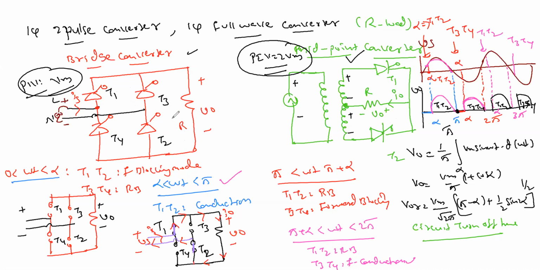For how much time period is it reverse biased? See here, 0 to pi T1 T2 forward blocking mode, T3 T4 reverse biased. Alpha to pi also T1 T2 conduction, T3 T4 reverse biased. Similarly here, pi to pi plus alpha, T1 and T2 reverse biased, pi plus alpha to 2 pi, T1 is reverse biased. So the total time period is pi. So omega T is equal to pi, circuit turn off time. This is the one, Tc equal to pi by omega.